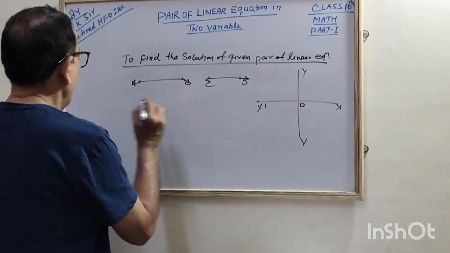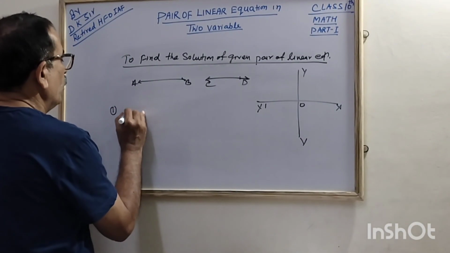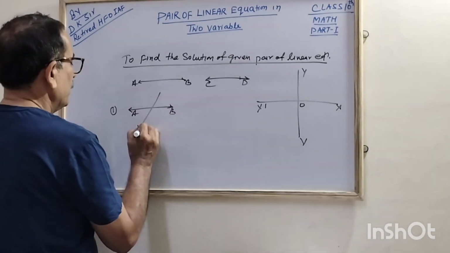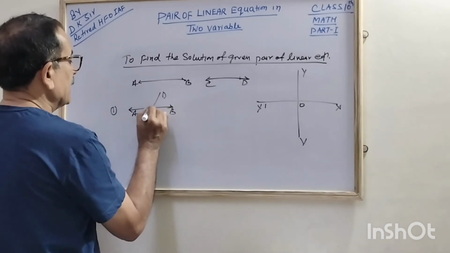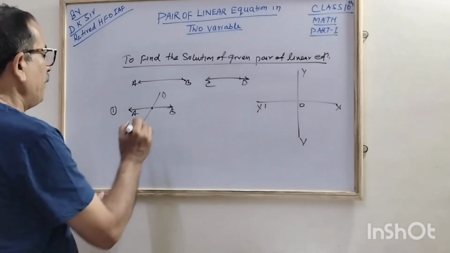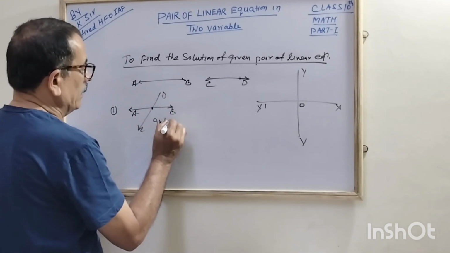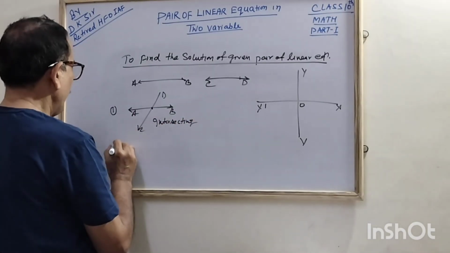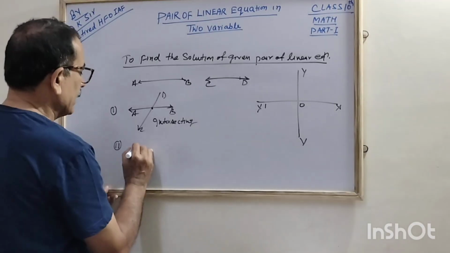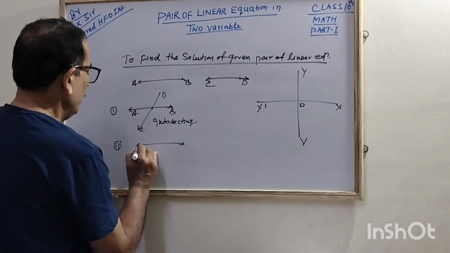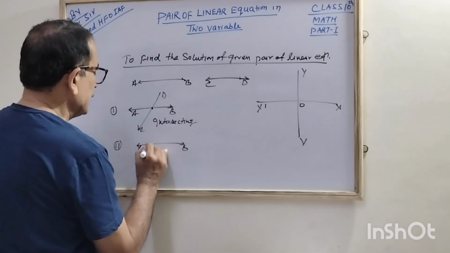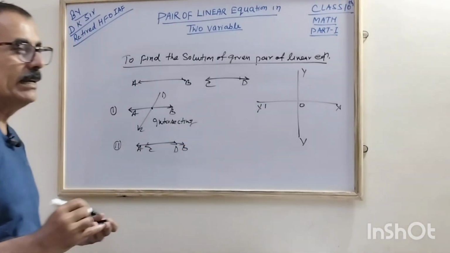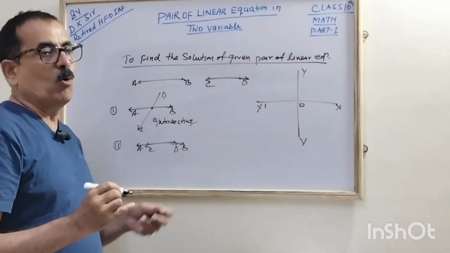The first condition is when both lines, AB and CD, are intersecting at one point. The other case, when we draw it, we find that AB and CD are coincident, meaning both lines are overlapping each other.